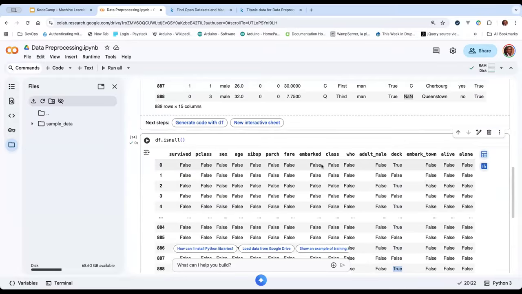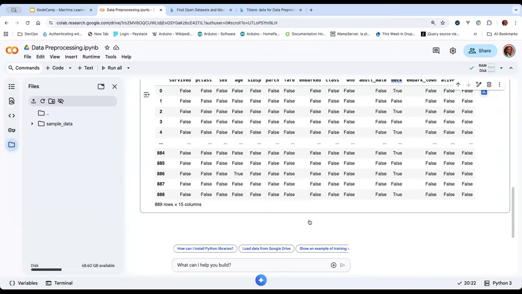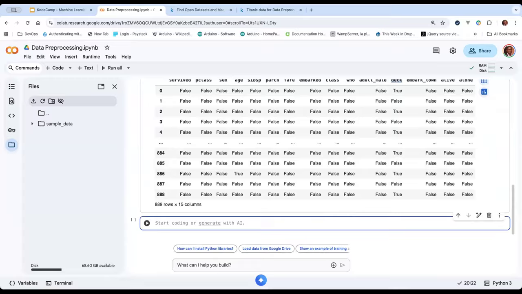So a way to filter, to look at all the rows or columns, let's say a column like deck, I want to see all of the ones that are null. I could do something like this, df deck, then we use a filter for it.